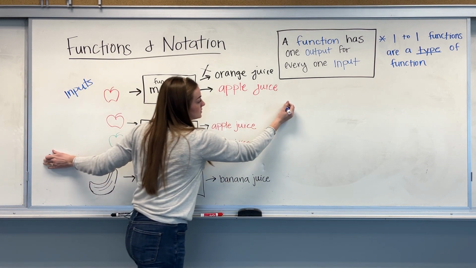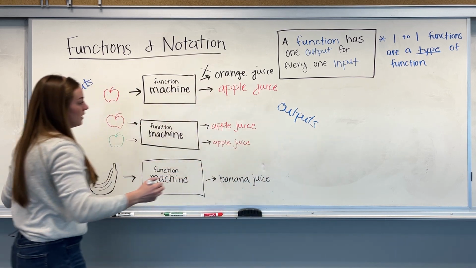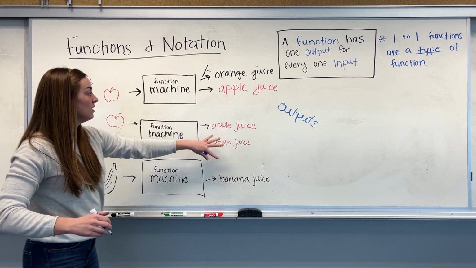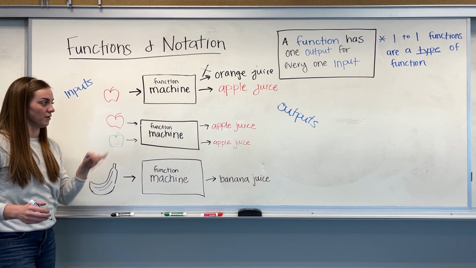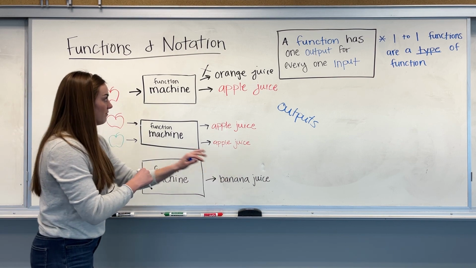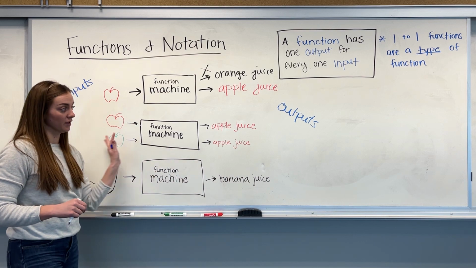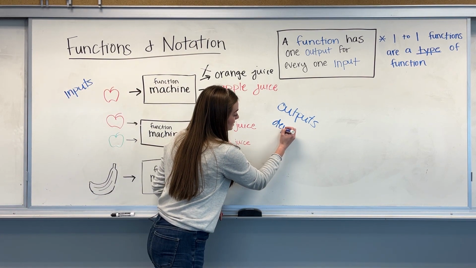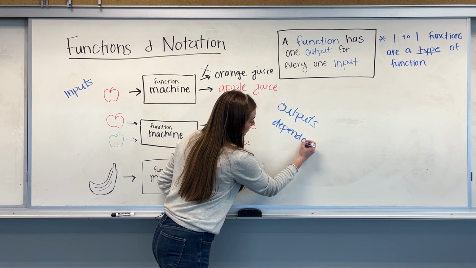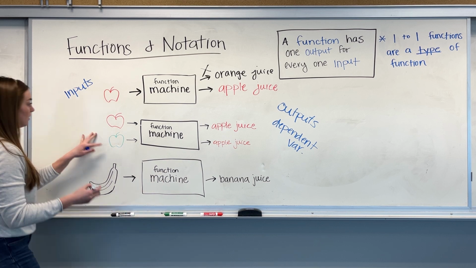These are our outputs. And these depend on whatever's plugged into the machine. So these change depending on what comes in or out. So if I plug in a banana, I'll get banana juice. But if I plug in an apple, I'll get apple juice. So the outputs depend, or are dependent variables. And these are independent.